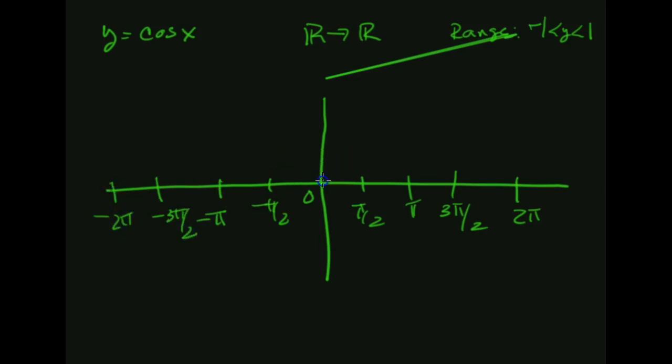So let's graph these. Now the cosine at 0, if you look at your unit circle, is at 1. So I'm going to have 1 up here and -1 here. So this does not start at the origin. It starts at the point 0, 1. And then it comes down to 0 at pi over 2, down to -1 at pi, back to 0 at 3 pi over 2, and then back to 1 at 2 pi.